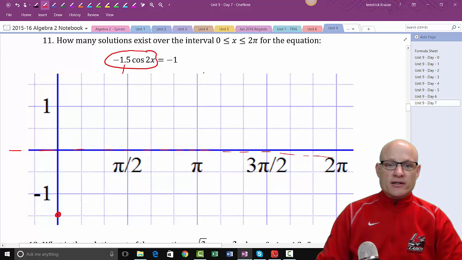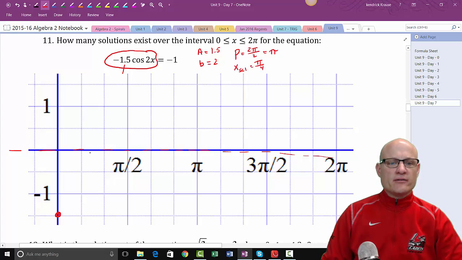My amplitude is 1.5. My b value is 2. My period is equal to 2 pi over 2, which is really just pi. And my x scale should be pi over 4. But they didn't do that, so let's do that.